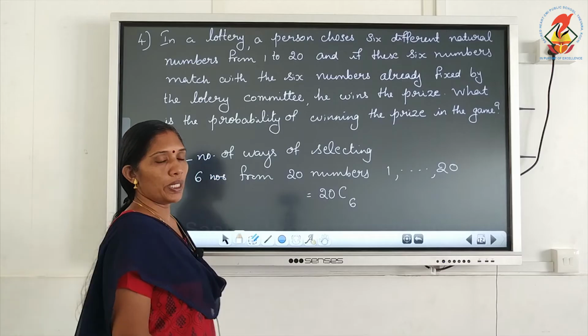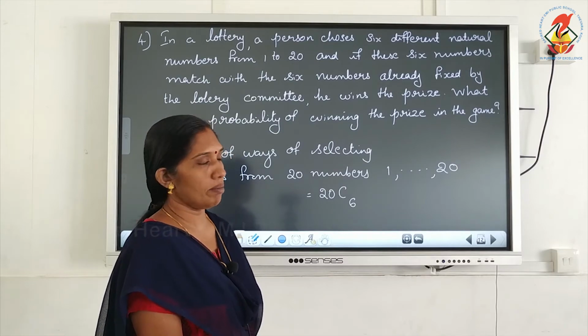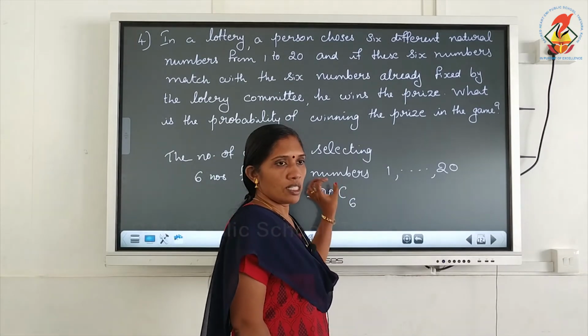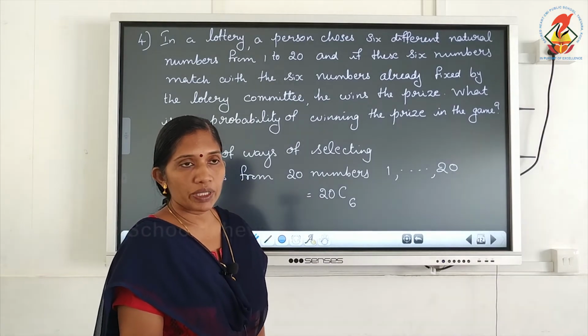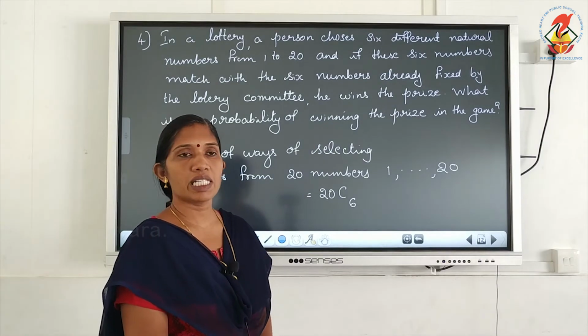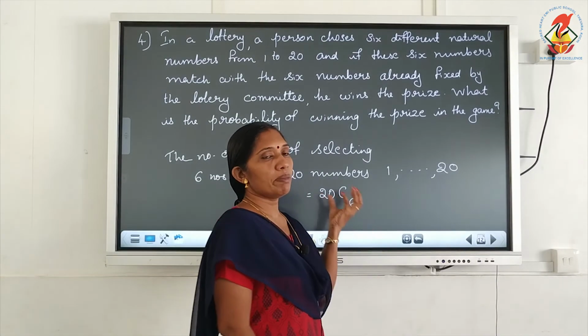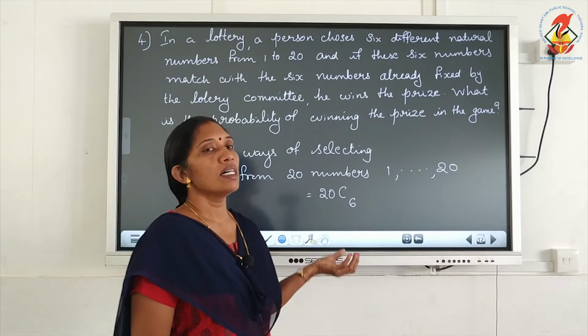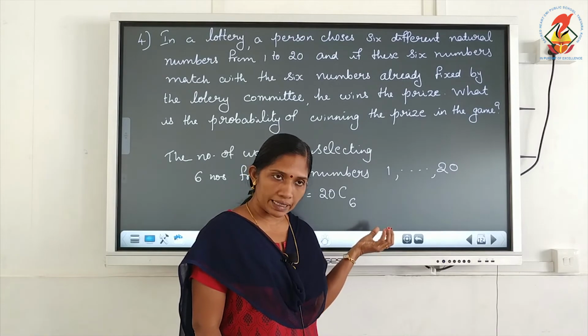Remember, 20C6, from 20 numbers we have to select 6 numbers. The notation is this. So this many ways we can select 6 numbers. And in your textbook it is given that order is not important. So permutation, that case we don't want to take. Only the selection. So from 20 the person has to select 6 numbers. So 20C6 different ways he can select the numbers.